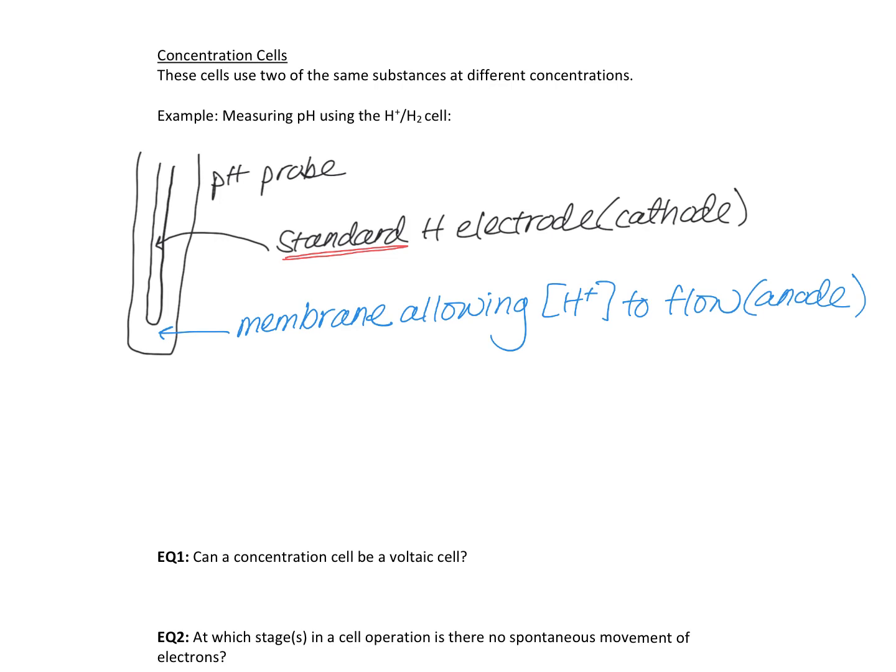So it allows for H plus from your solution. You can kind of think of it as, you have your solution here in a beaker, and the H plus ions are allowed to flow in here to detect essentially how much H plus is in your solution. So this is how the pH meter is actually calculating the pH of your solution.